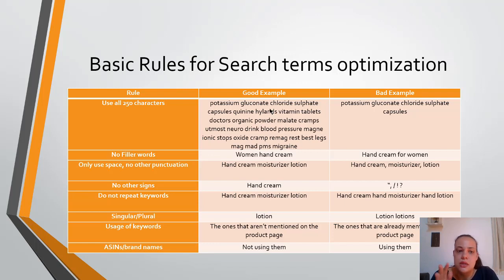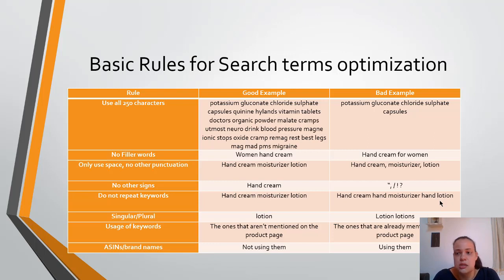Do not repeat keywords is rule number 4 or 5 here. So basically, don't use keyword duplicates in the search terms. It's not going to help you. If you use different variations and each one of them is unique, that's the right thing to do. For example, you have a hand cream that is also a moisturizer and also can be called a lotion. You should not be using this syntax right here, like hand cream, hand moisturizer, hand lotion.